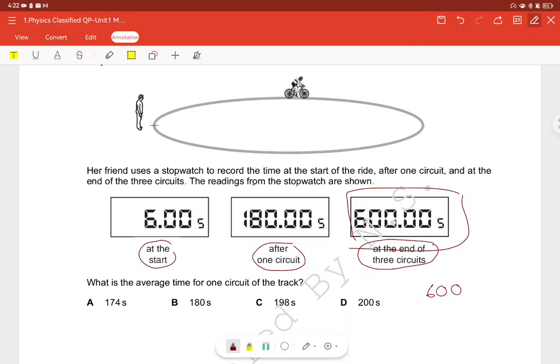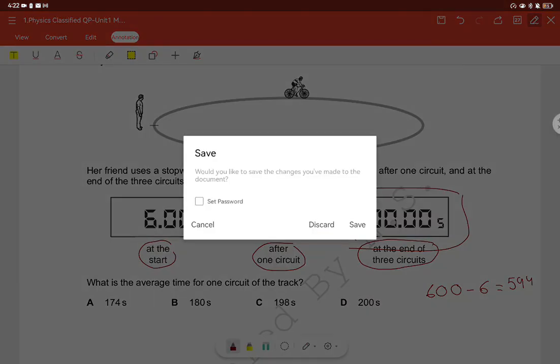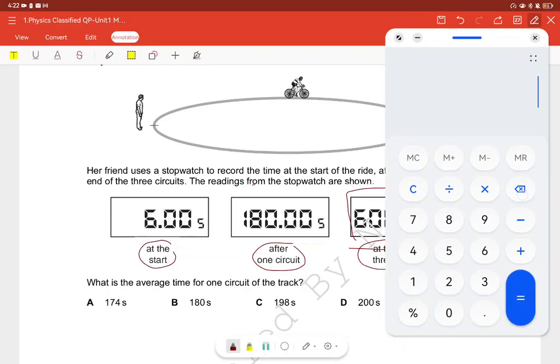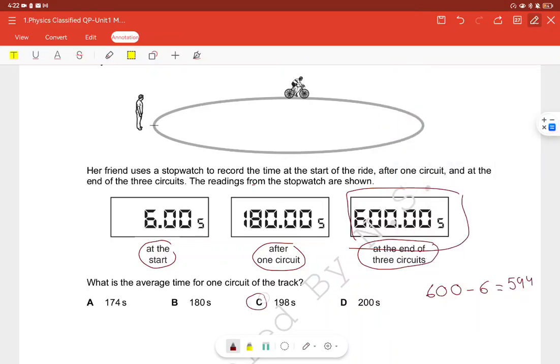So it's 600 minus 6, because at the start it was 6, right? 600 minus 6 is 594, divided by 3 is equal to 198 seconds.